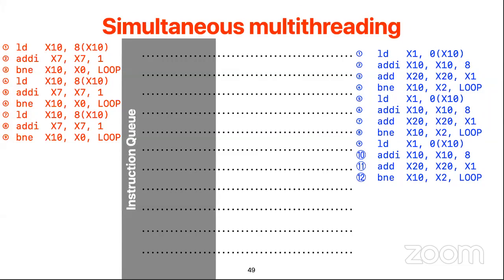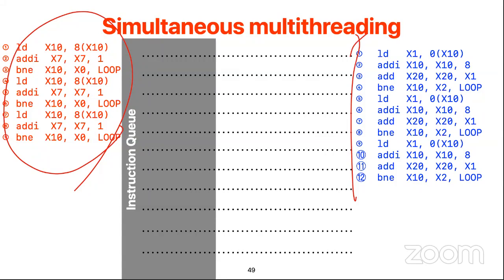So that's the idea of simultaneous multithreading. If this program cannot fully utilize the pipeline, let's just have another program running together. But to support this, your processor must have the capability to fetch instructions from two processes at the same time.